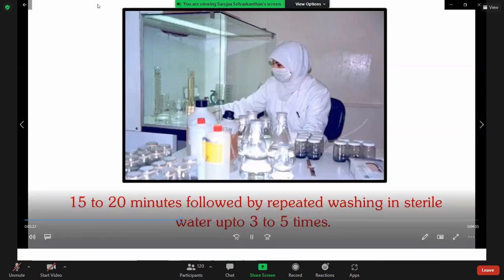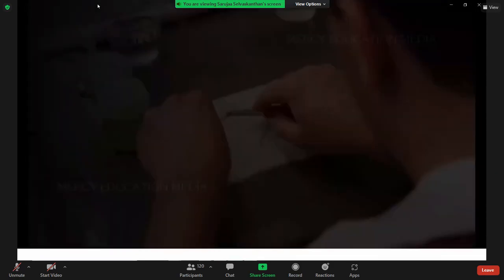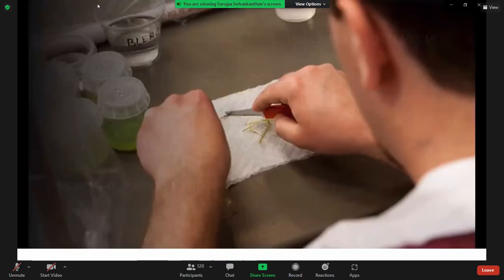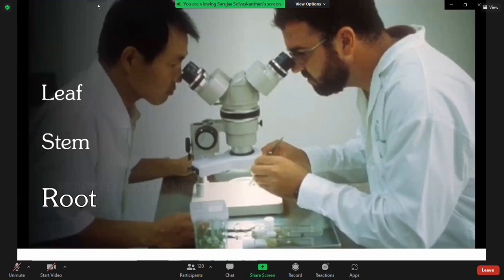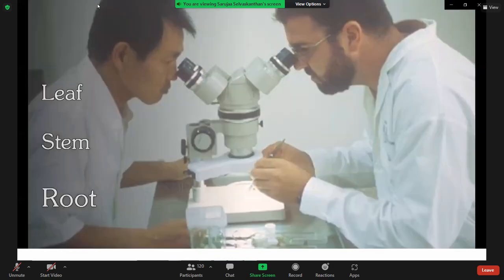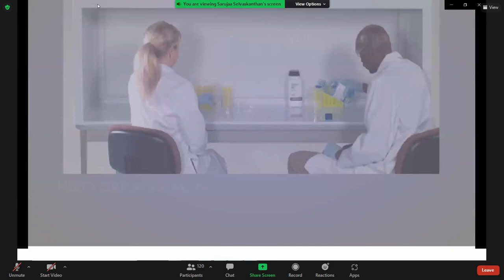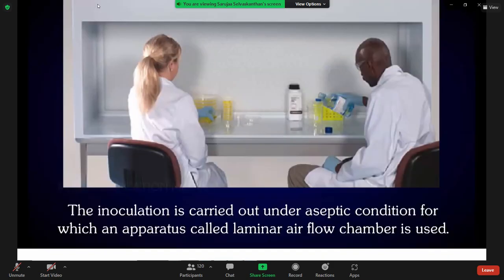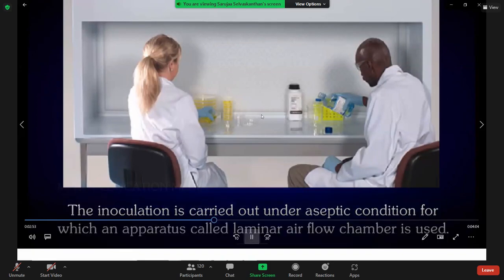What is inoculation? The transfer of explant, that is the root, stem, leaf, etc., onto a culture medium is called inoculation. The inoculation is carried out under aseptic conditions, for which an apparatus called a laminar airflow chamber is used.